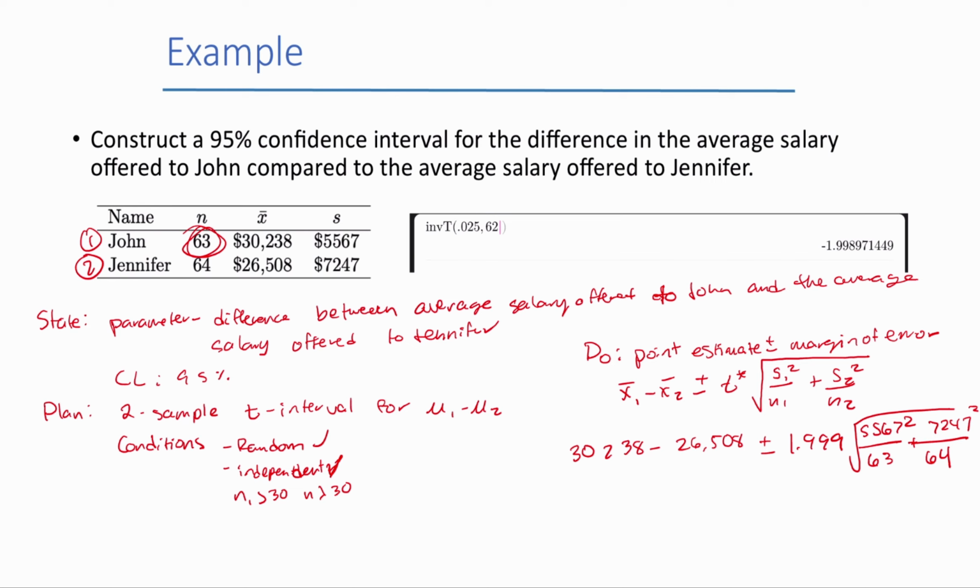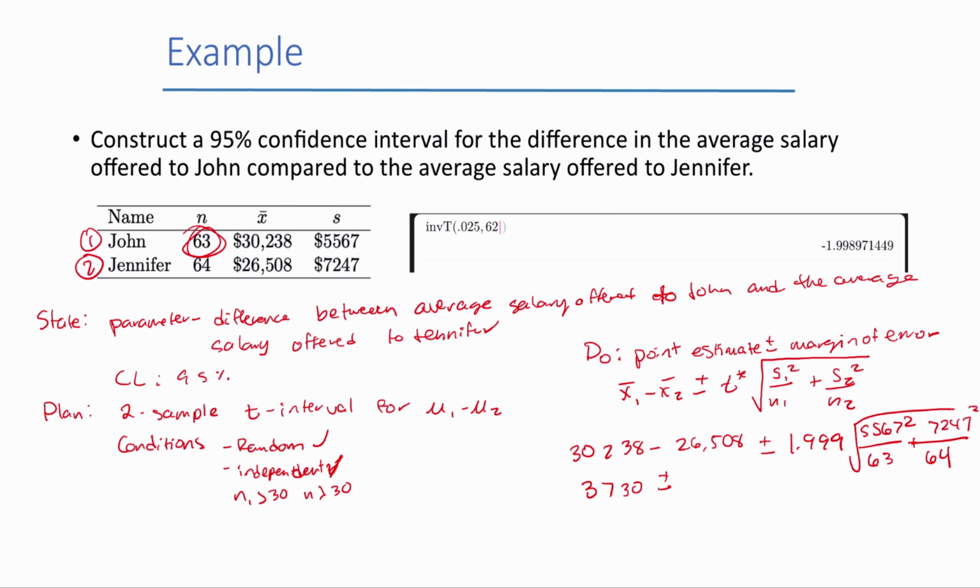And so the difference in the sample means, 30,238 minus 26,508, is a difference of $3,730.